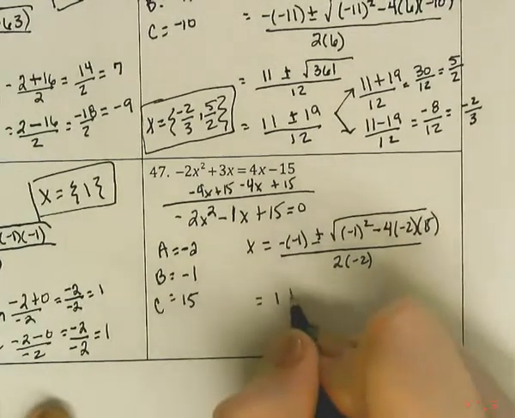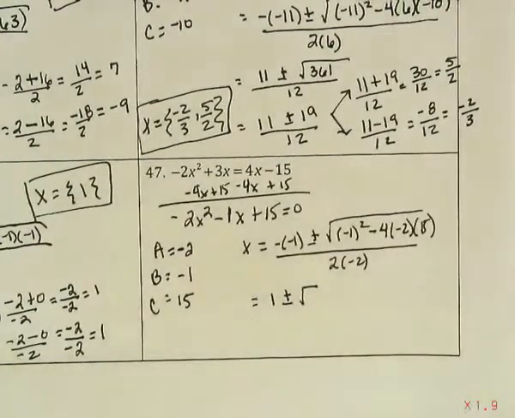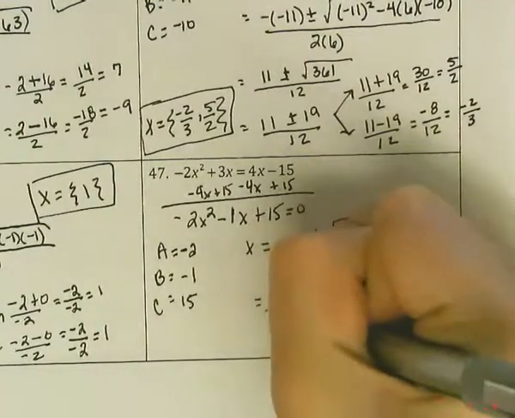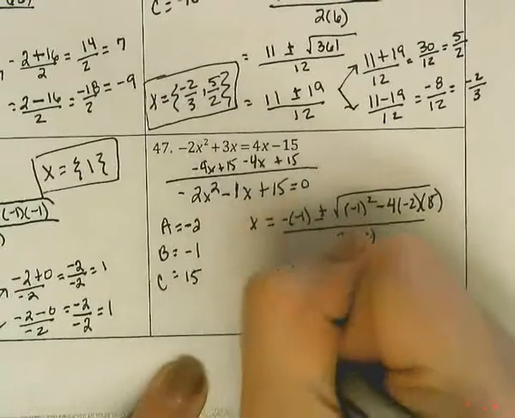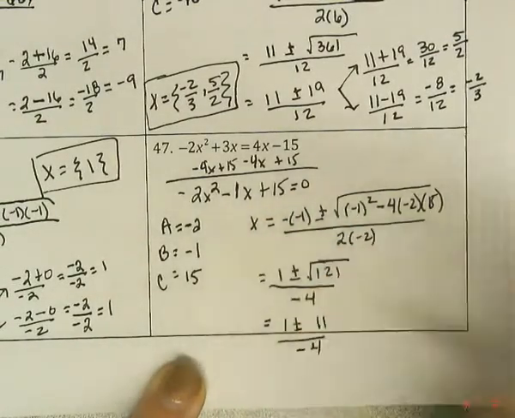Okay, so we get 1 plus or minus the square root of, we have to figure out negative 1 squared minus 4 times negative 2 times 15. 121. 1 plus or minus 121 over negative 4. We have to take the square root of 121, so 1 plus or minus 11 over negative 4.